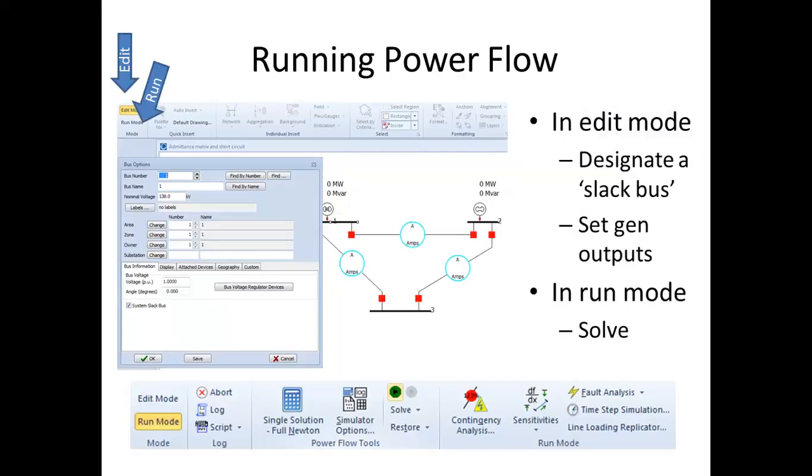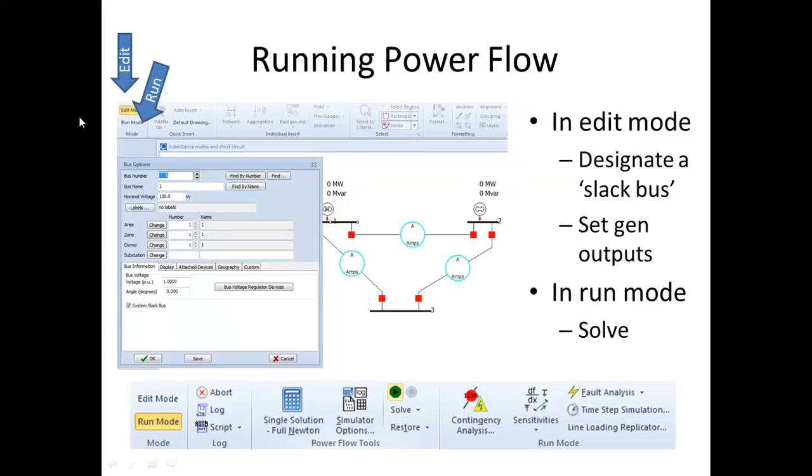So now I'm interested in running a power flow or running a simulation on the circuit. So we've built a circuit. We've entered all our impedance parameters for generators and for our transmission lines. We've designated a slack bus. We don't have any loads in the circuit that we built, which is fine for our example.